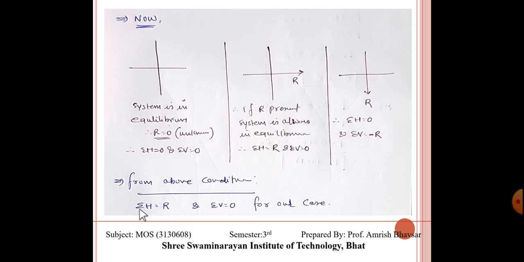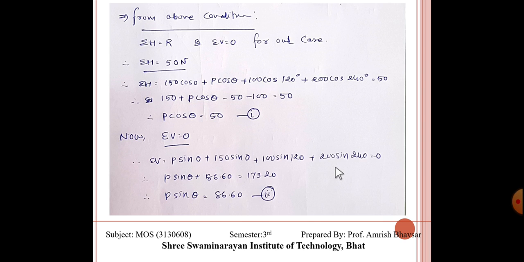So for our case, R is present in the positive horizontal x direction, so sigma h is equal to R and sigma v is equal to 0.